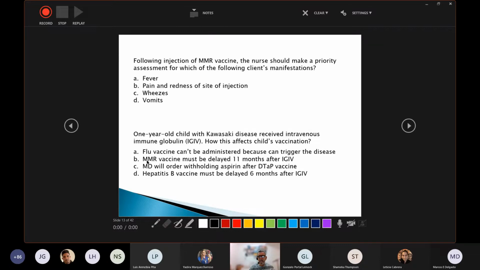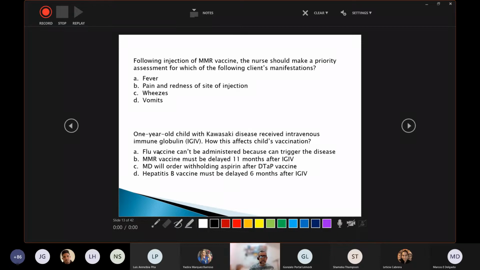Do you understand now? If the question says the client is receiving aspirin, the aspirin contraindicates the flu vaccine, not because it triggers Kawasaki, but because it produces another disease called Reye syndrome. The flu vaccine cannot trigger Kawasaki. If the person is taking aspirin, the flu vaccine can produce a disease called Reye syndrome. ¿De acuerdo?